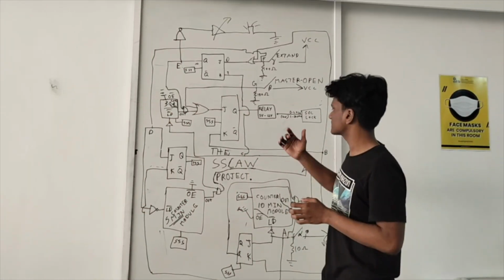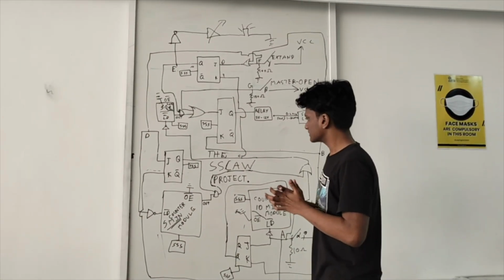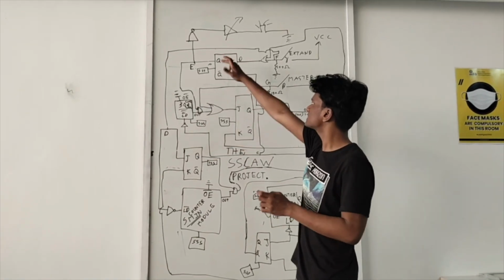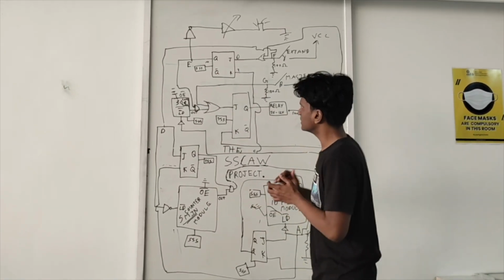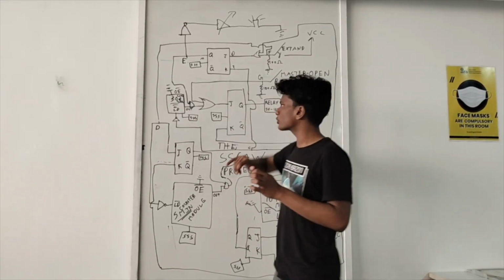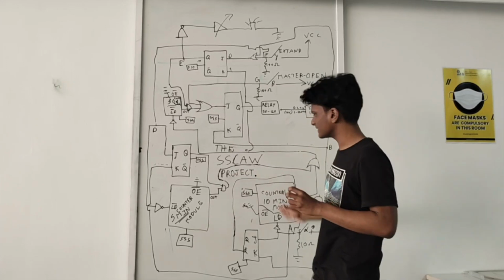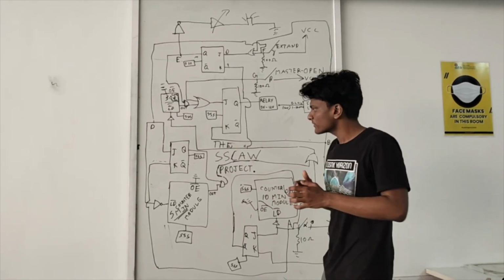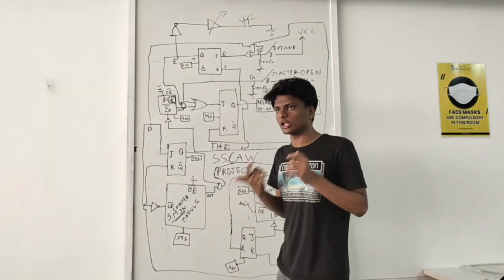So let us look at the circuit schematic right now. There are 555 timers here to generate the 1 Hz pulse throughout the circuit, and there are 3 counters that are being used to count for 30 seconds, 5 seconds, and 10 minutes. These are the 3 countings that we need, and the counters will keep counting all the time.